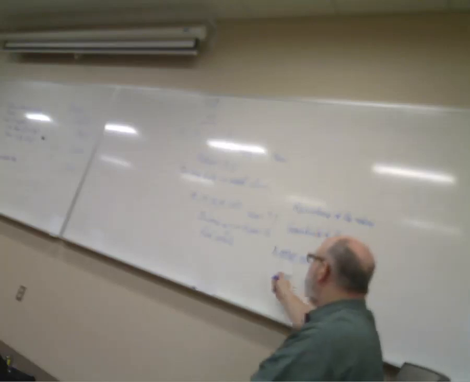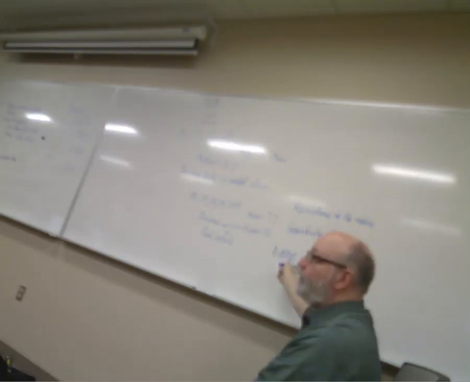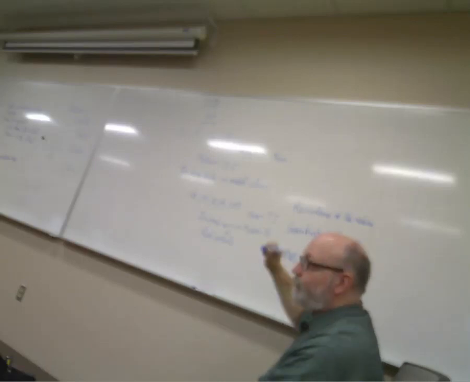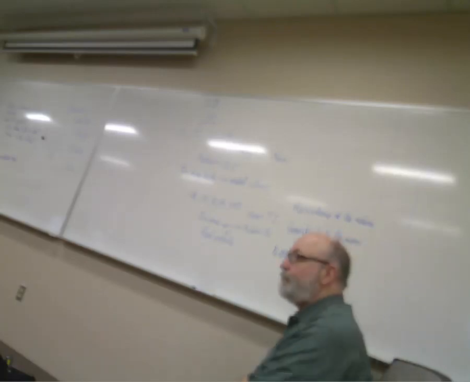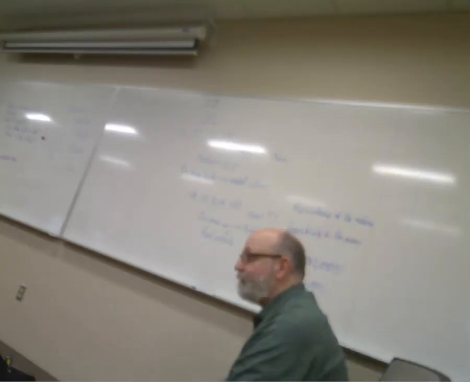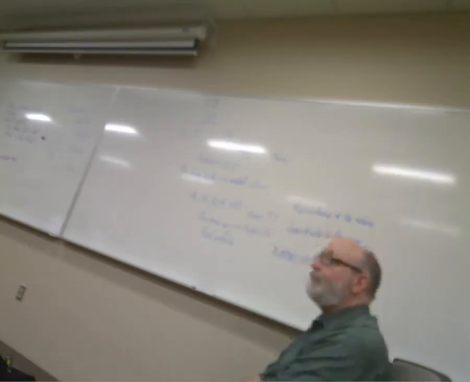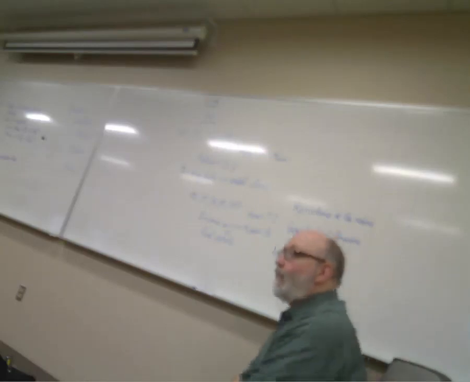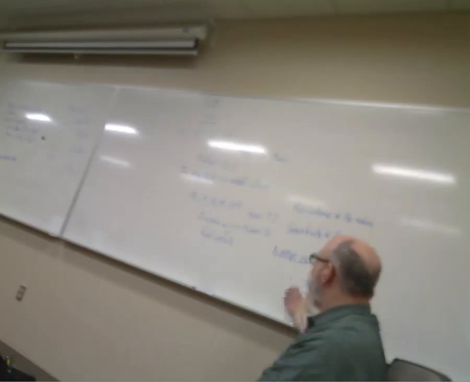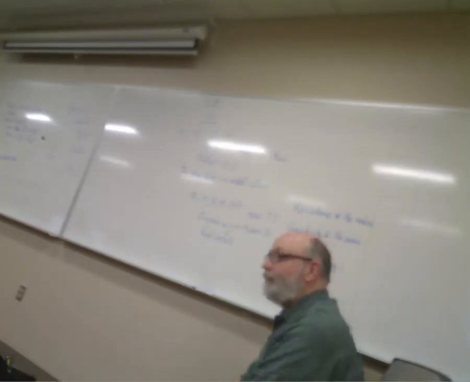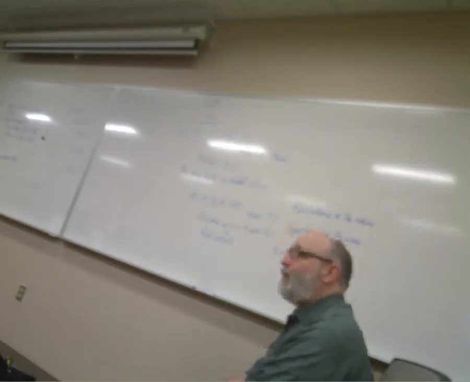How many poor people would it take to make one rich person? What's the ratio here? If I take this number and divide it by 1,000, what do I get? $1 million. So it takes 1 million poor people to equal one rich person.